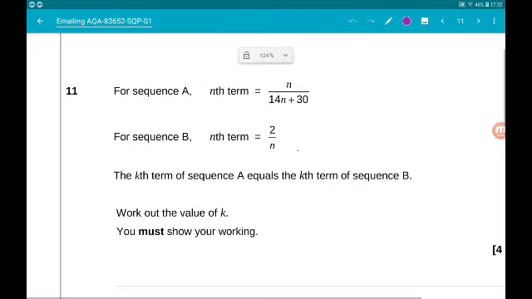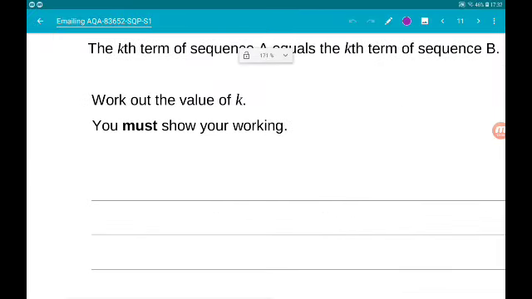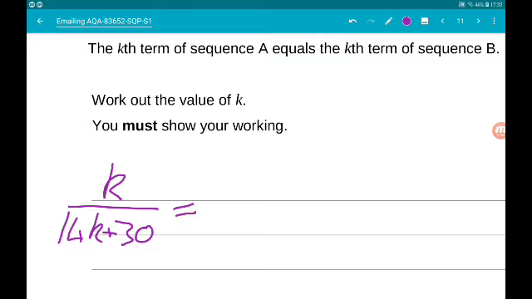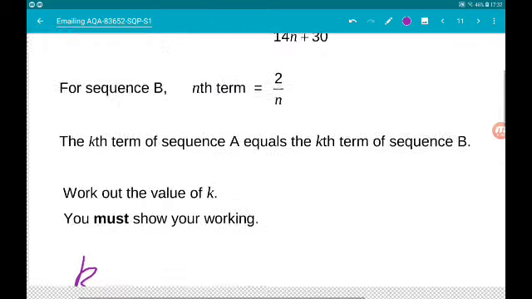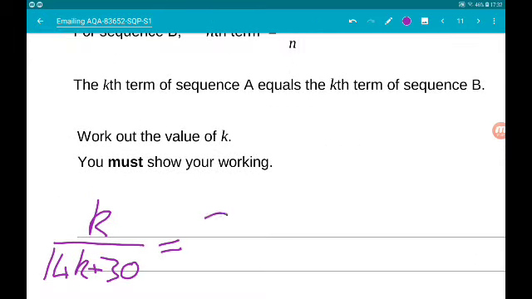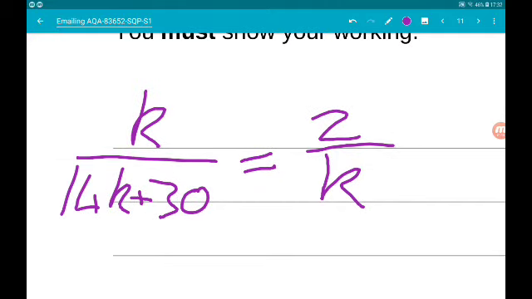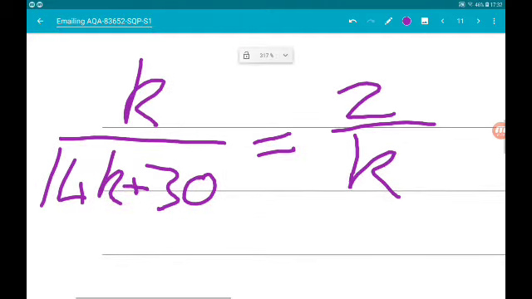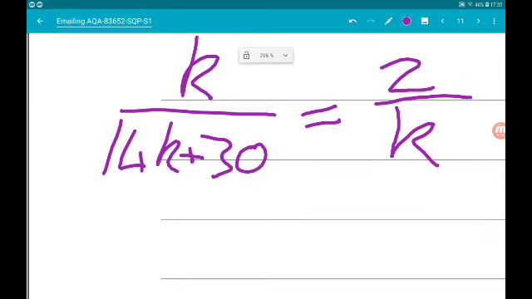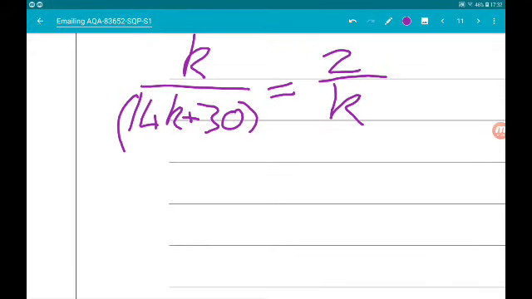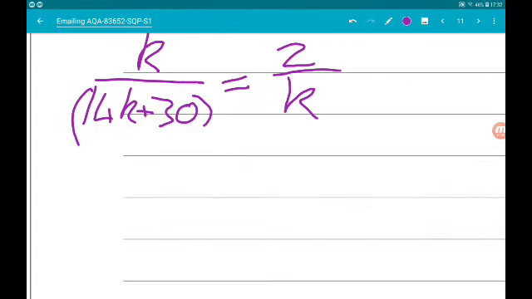So, in other words then, we get k over 14k add 30 is equal to 2 over k. Now we want to solve that for k. Okay, so we don't want fractions, so let's first of all multiply through by 14k add 30.